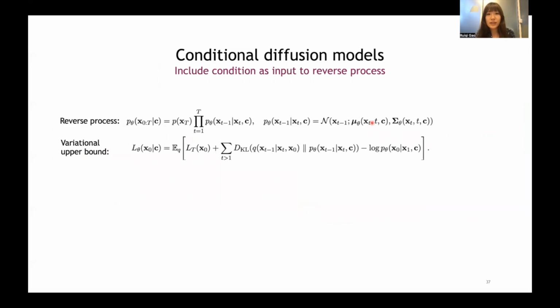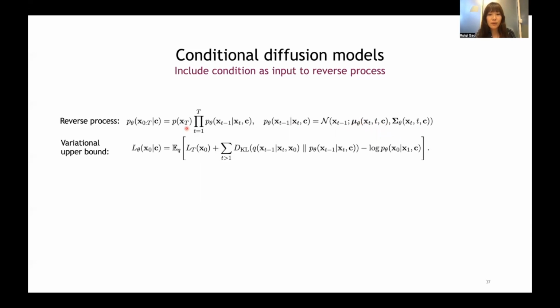Let's first take a look at the general formulation of conditional diffusion models, which is pretty straightforward. The only modification we need to make is in the reverse process. We can let this denoising distribution incorporate an additional input, which is this condition C. This corresponds to modifying the mean of this Gaussian distribution to take an additional input C. Optionally, we can also let the variance be learned and take an input C. But in practice, mostly we still just use C in the mean.